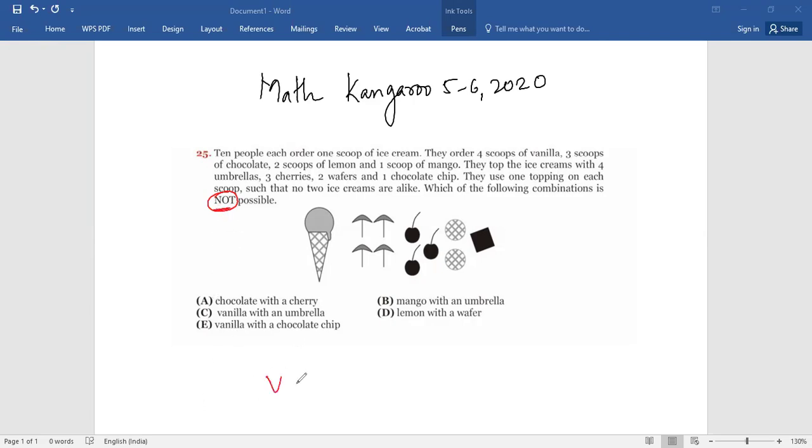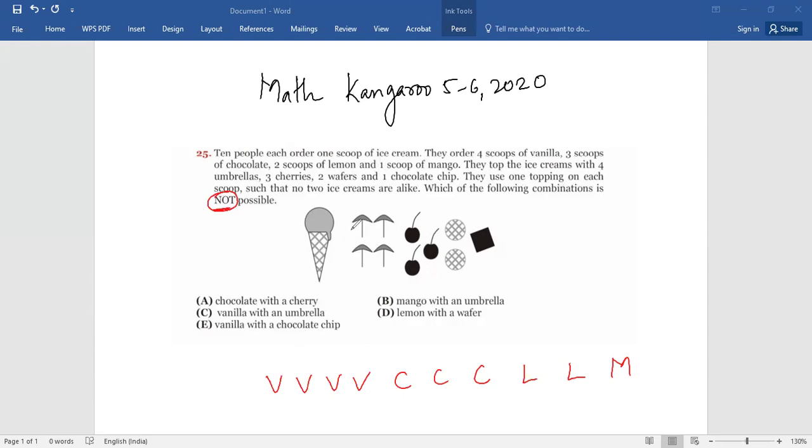So they ordered 4 scoops of vanilla, 3 scoops of chocolate, 2 scoops of lemon, and 1 scoop of mango. So these are the 10 ice creams that they have ordered, of different flavors. Now let's look at the toppings. They use one topping on each scoop.